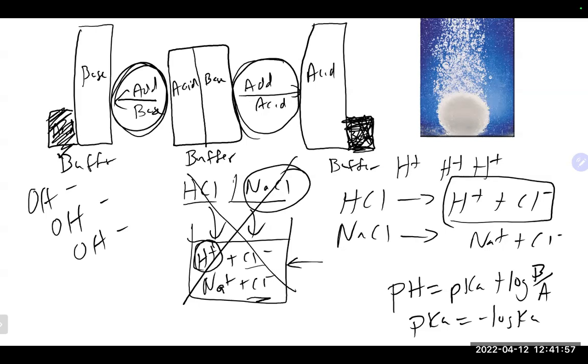Now, with that being said, you can absolutely make a buffer from a strong acid or strong base, but the strong acid and strong base is completely gone by the time you actually have made the buffer. What you're left with is a weak acid and conjugate base, or a weak base and a conjugate acid. So you can actually make a buffer from it, but the buffer itself is not made up of the strong acid or strong base. And we'll see an example of that later on in this chapter as well.